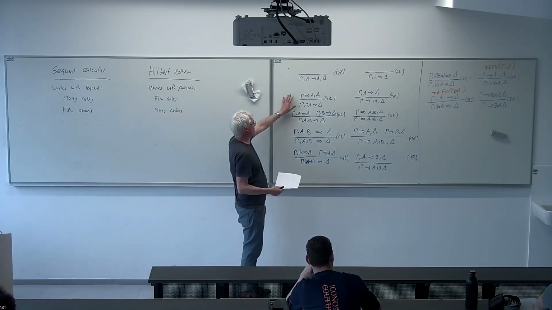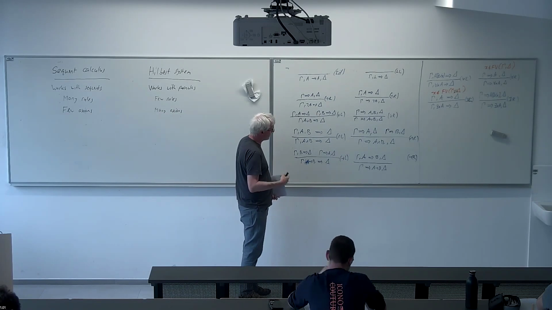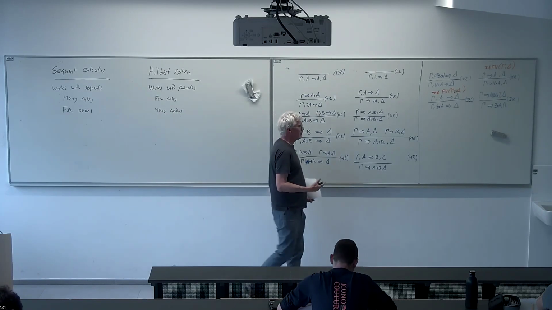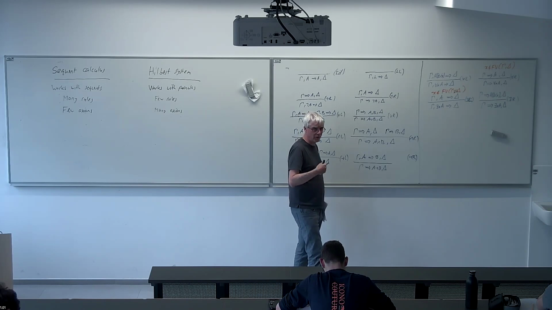Another thing about the Hilbert system: we did the Hilbert system for this fragment of the logical connectives, where we were using implies, the false constant, and for all, and everything else needed to be derived from that.